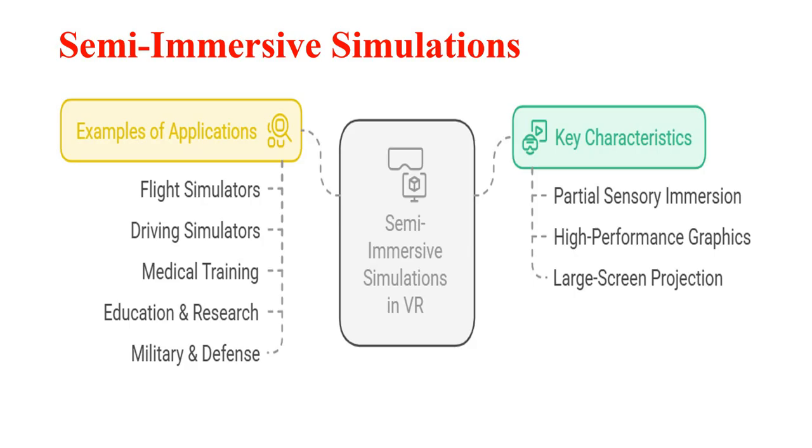And last is large screen projection, where the users will use large displays, curved screens, or multi-screen setups instead of virtual reality headsets for an immersive experience. And examples are flight simulators, driving simulators, medical training, education and research, and military and defense. So in driving simulators, here car and train operators use interactive dashboards and large display systems.